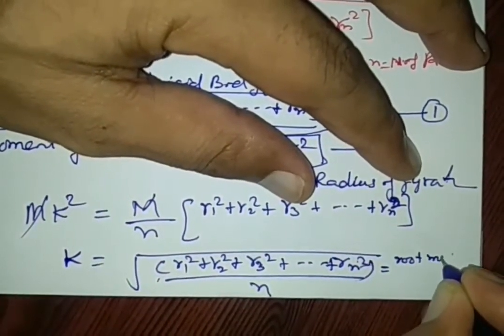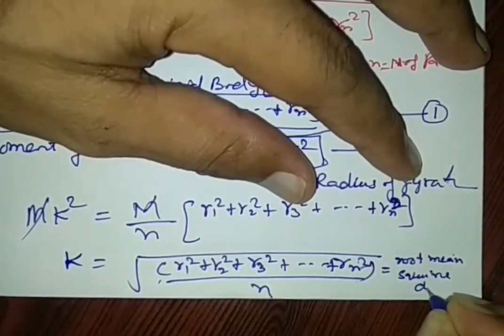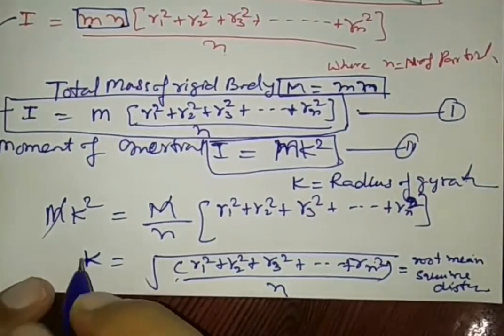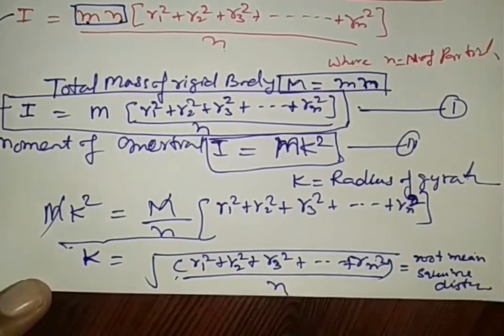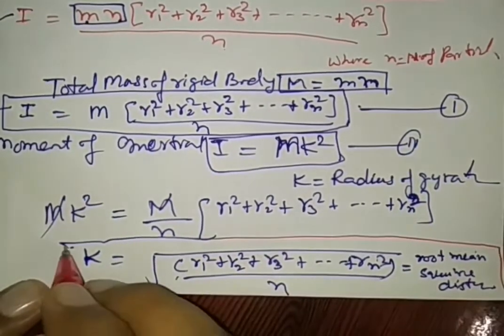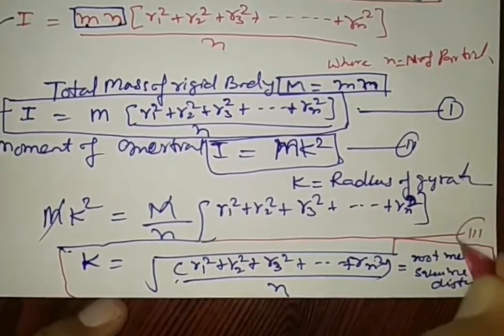Root mean square distance is equal to the radius of gyration of a particle, and it is represented by equation number 3.